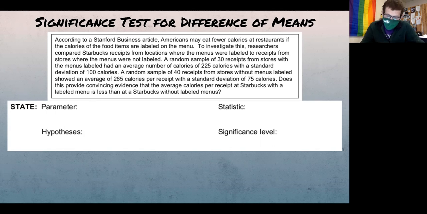Okay, so in this case, the random sample of 30 receipts was for labeled menus. So my mu sub 1 will be the labeled menus minus mu sub 2, which will be the unlabeled.